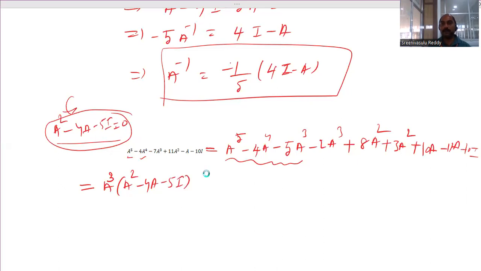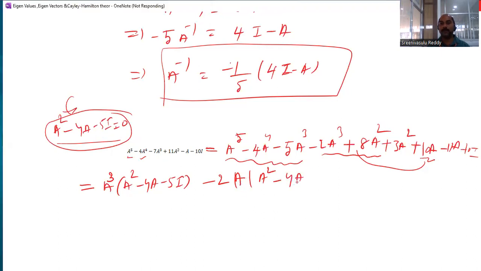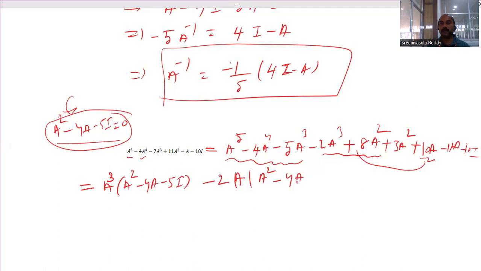From the first two terms, and from the other three terms, we take minus 2 as a common. Minus 2, A is common. We get A square minus 4A; 2A times 4A becomes 8A square. In this term, minus 5I.